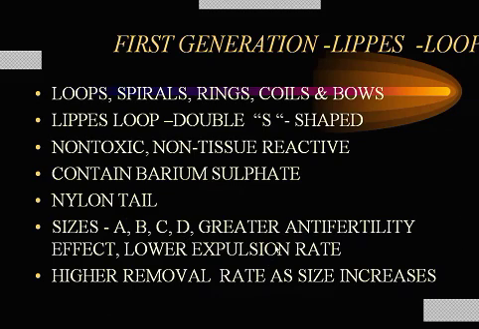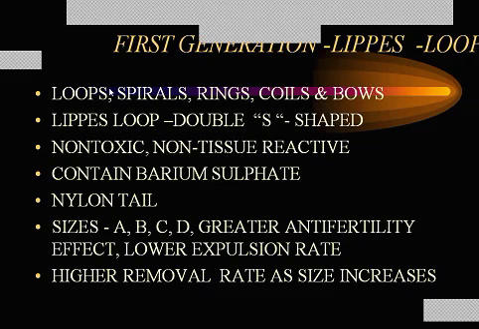As the size increases, the anti-fertility effect will also increase. The advantage of these first generation IUDs is they have a greater anti-fertility effect and lower expulsion rate. Why lower expulsion rate? Because of its size. Size is larger, so expulsion rate is low.